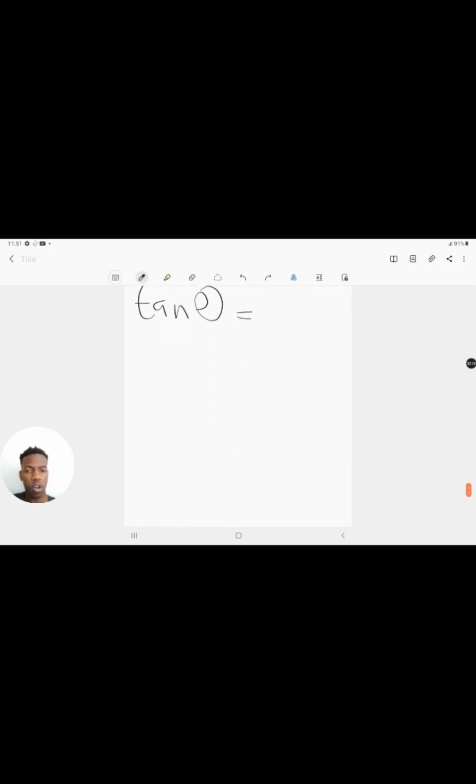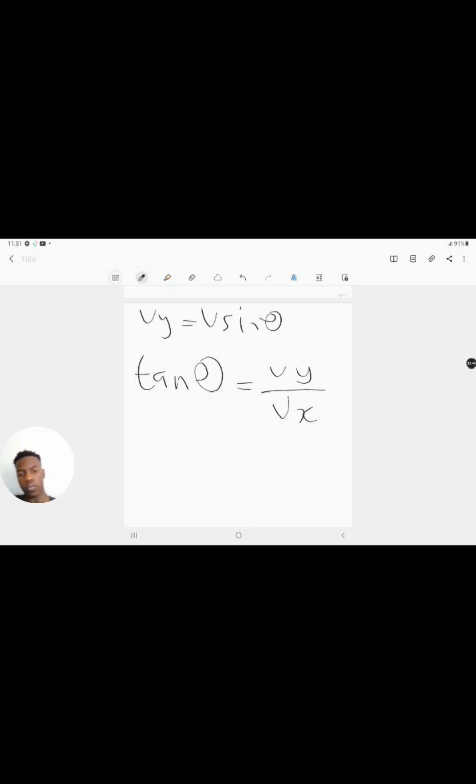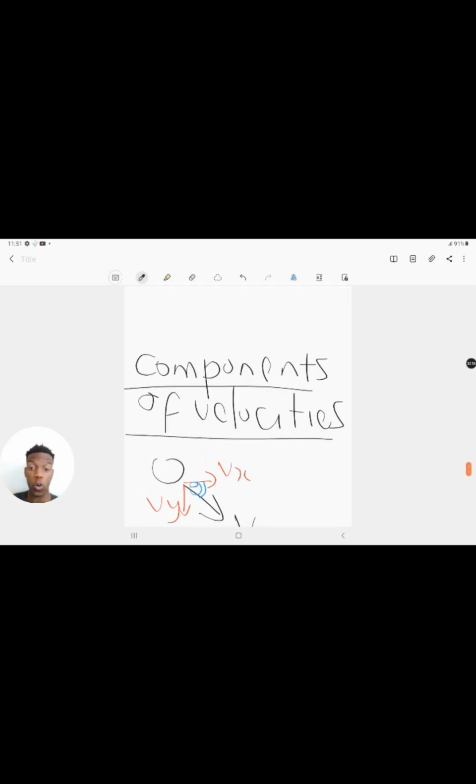So that's going to be opposite over adjacent, which is going to be vy over vx. Okay, so tan theta is equal to that, and this will help you find the direction. It's basically trigonometry.